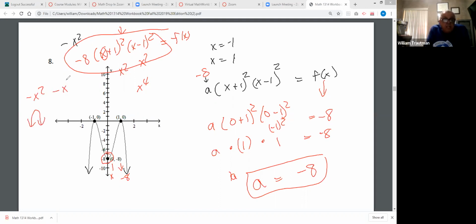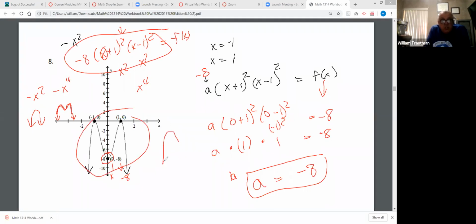Remember, if I said a -x to the 4th, it's still the same endpoints. But because it's an x to the 4th, it does some kind of turning. It turns at least 1 more than this. So it turns 3 times, 1, 2, 3. So that's why we get this different shape.